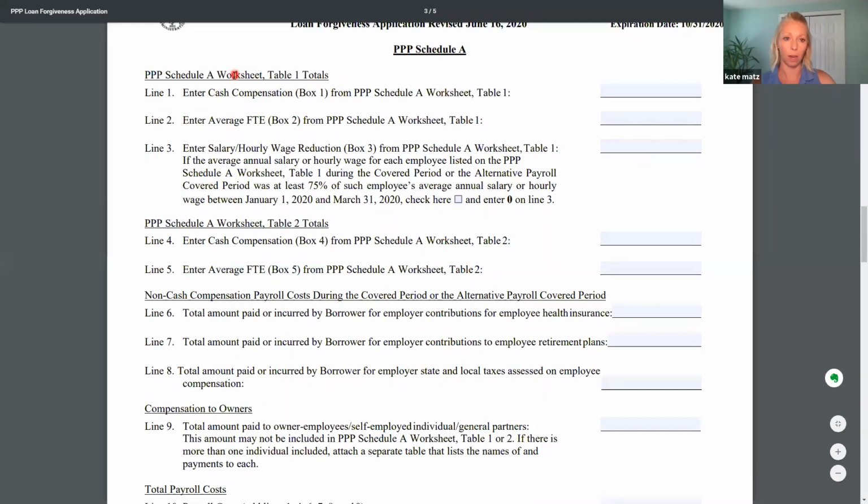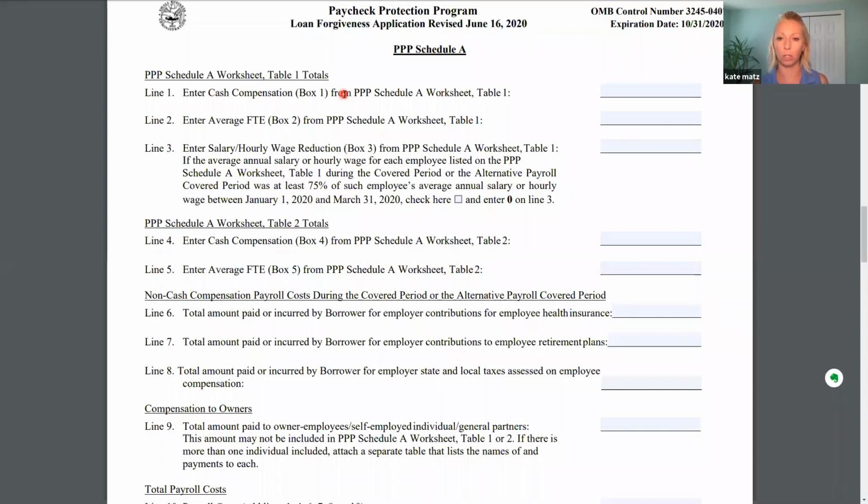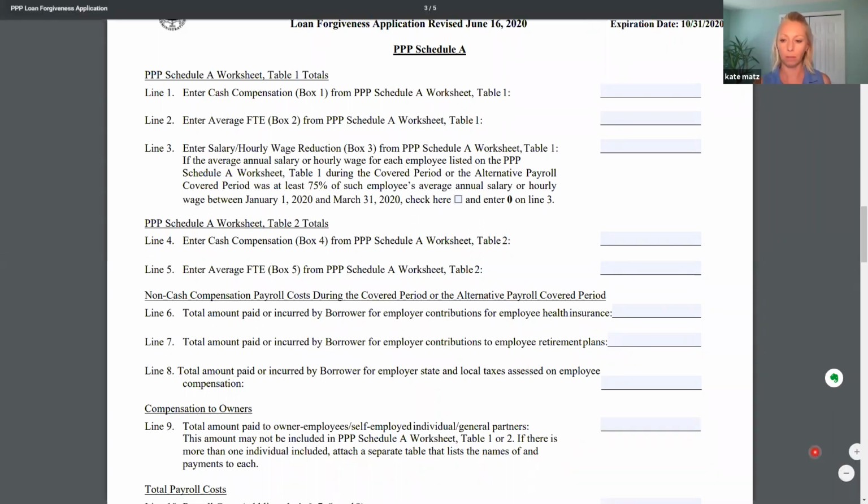So Schedule A, we are going to break out first information on our employees that earned less than $100,000 in 2019, and we're on that table 1. Then we've got a separate section for folks that were over $100,000 on our table 2. Then we've got the non-cash compensation, so our health insurance, retirement, and SUTA to add in.